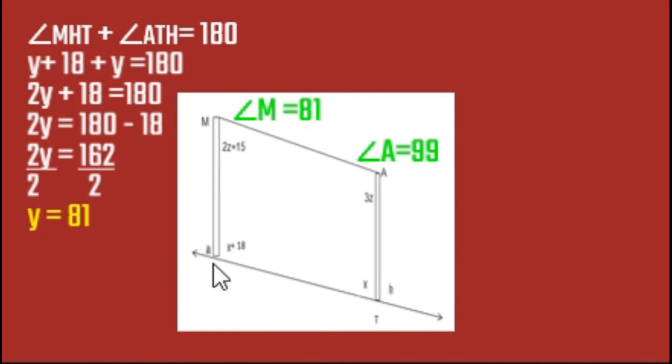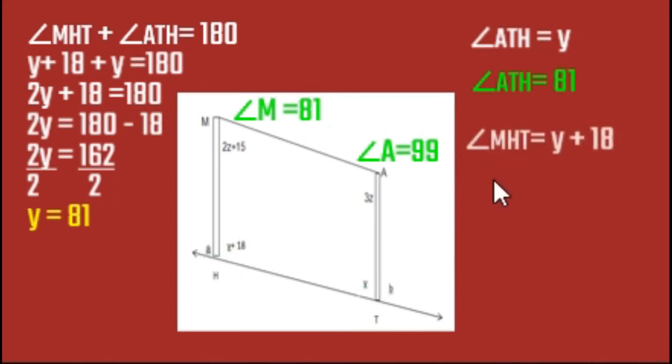Since we already know the value of y, we can now get the measure of this angle. Angle ATH, or this angle, is equal to y. Let's substitute. y is 81, so this angle is 81. Next, how about this angle? Angle MHT is equal to y plus 18.